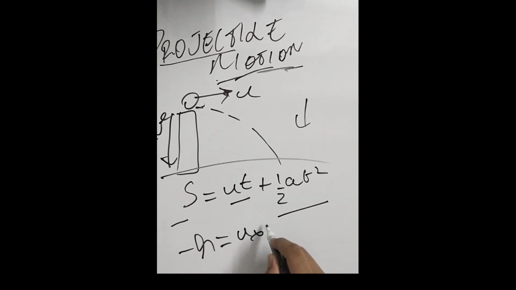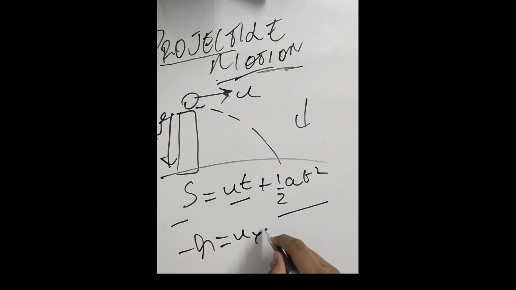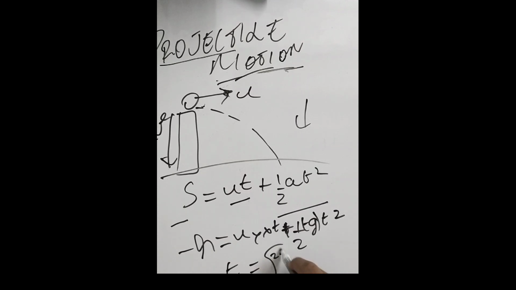You will get the uy, sorry, uy multiplied by time period plus half gt square, that is g is minus, and when you simplify this, we will get t is equal to root over 2h by g.